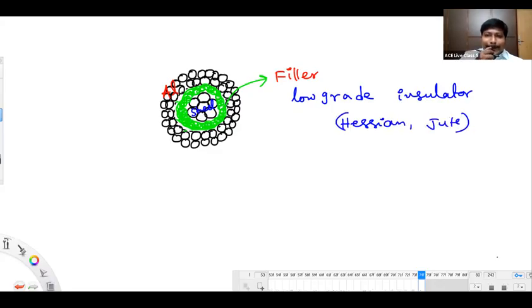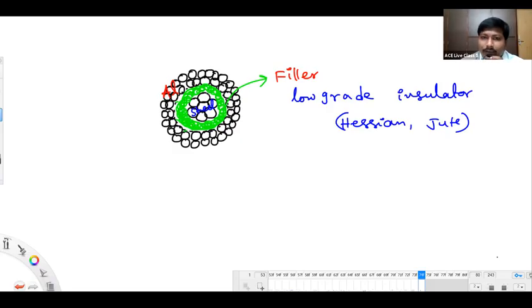So definitely, it's an ACSR conductor. Tell me please, it's definitely an ACSR conductor. Yes or no? Definitely, it's an ACSR conductor.